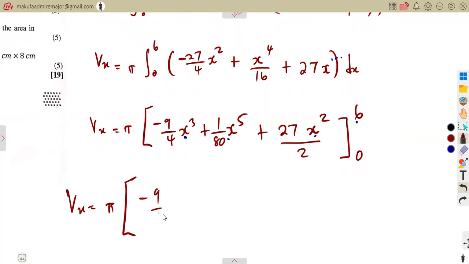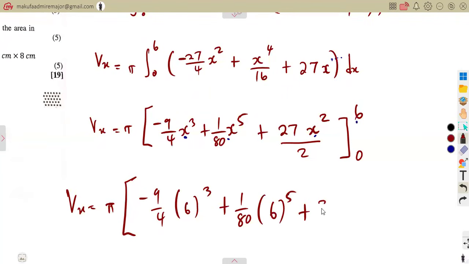So negative 9 over 4, 6 to the exponent of 3, 1 over 80, 6 to the exponent of 5, 27 into 6 to the exponent of 2 over 2, like this. So that is your upper limit in this case.